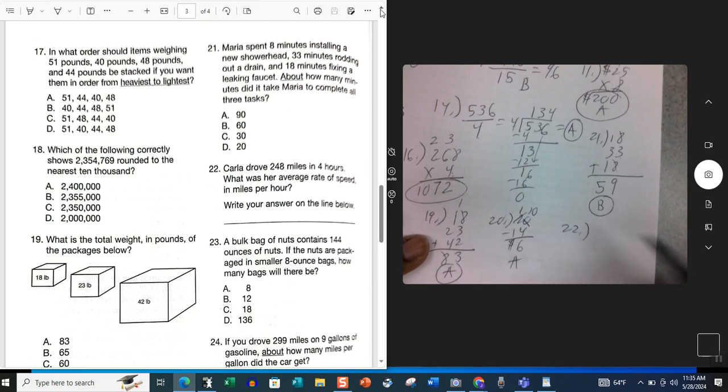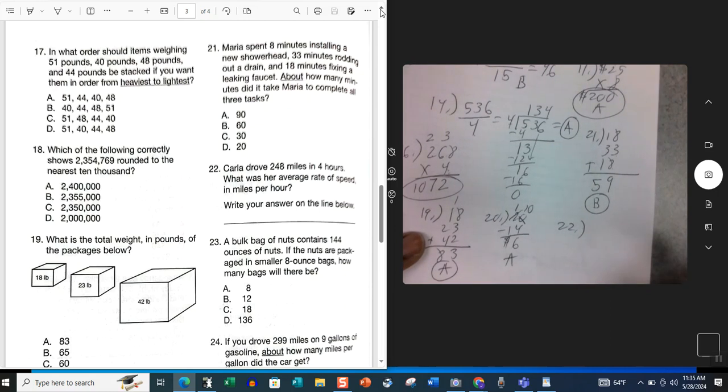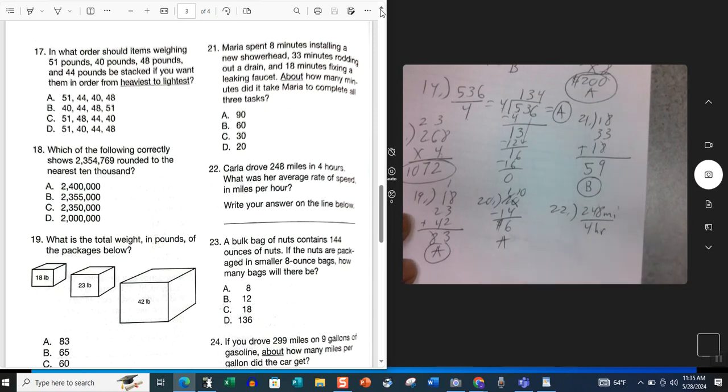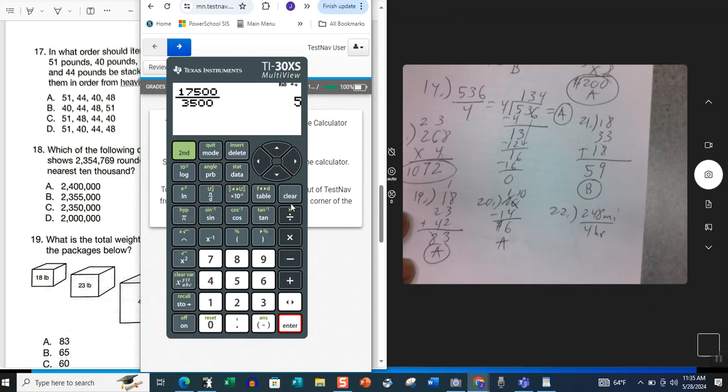Okay, 22. Carla drove 248 miles in 4 hours. What was her average rate of speed in miles per hour? So you had 248 miles over 4 hours. So we would take our calculator, clear, we'll hit N over D, we'll type in 248, then you hit the down arrow, hit 4, and press enter.